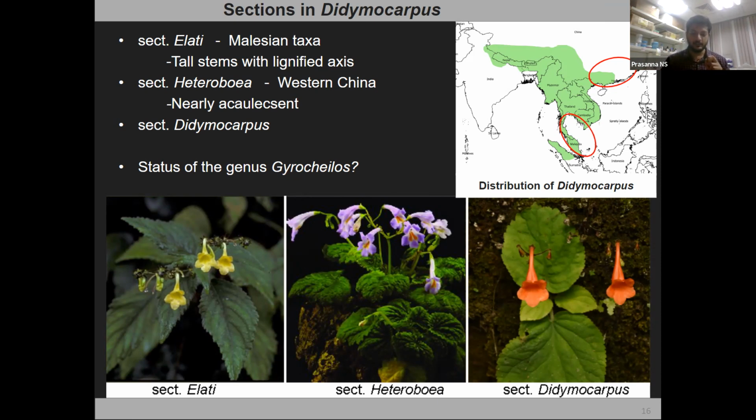And the rest of the species are usually clubbed together as section Didymocarpus. Although these sectional boundaries are not so clear, and there are some genera like Gyrochilus and Allochilus from China, and some taxonomists treat them as part of Didymocarpus.